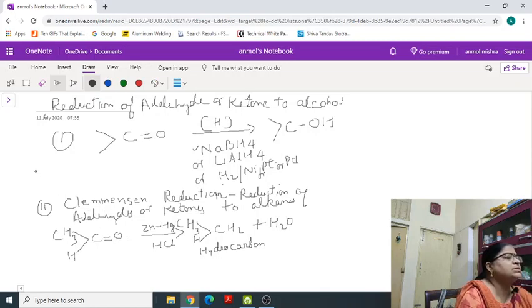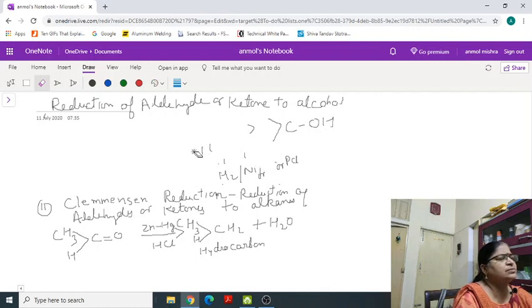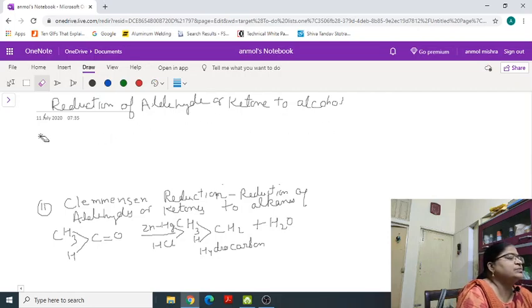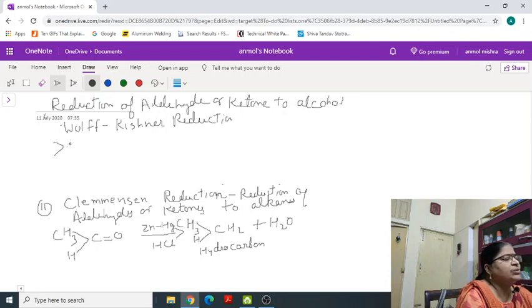The second is Wolff-Kishner reduction. Again, the carbonyl compound reacts with hydrazine.